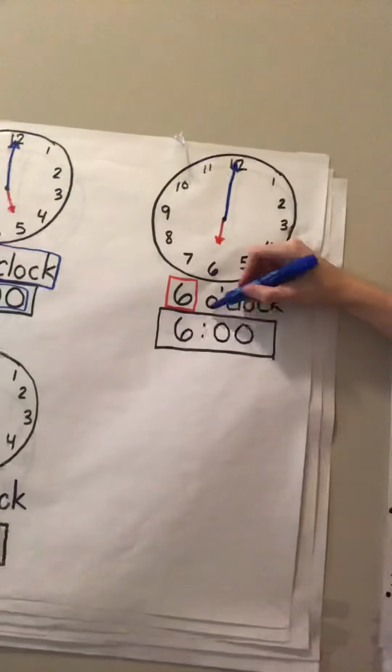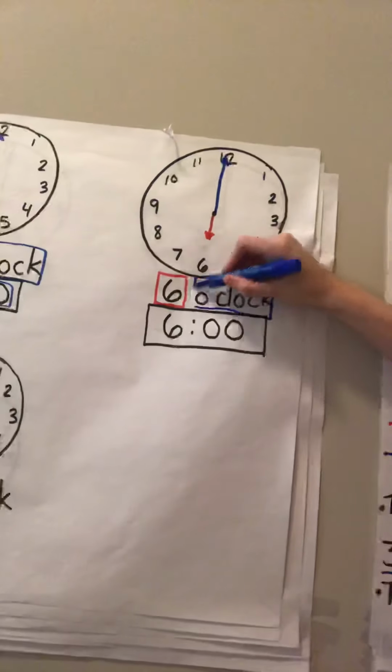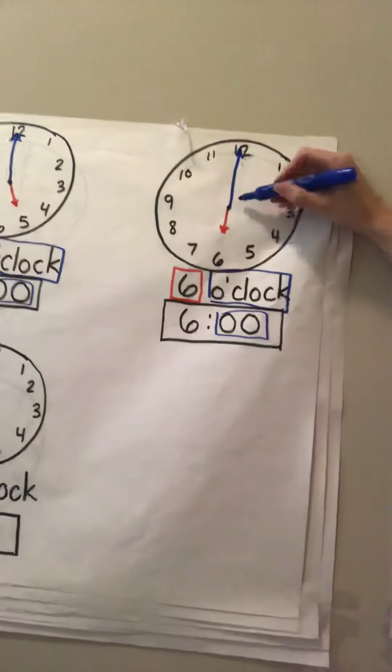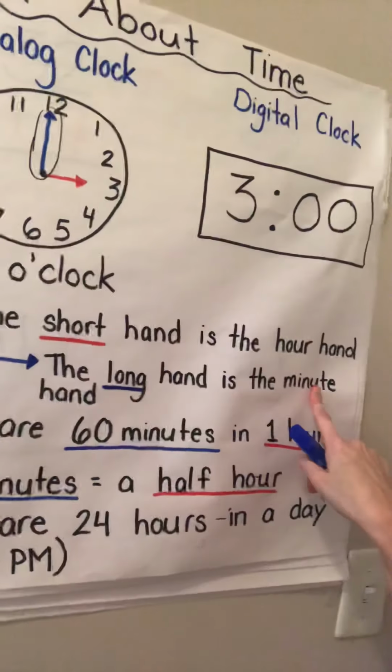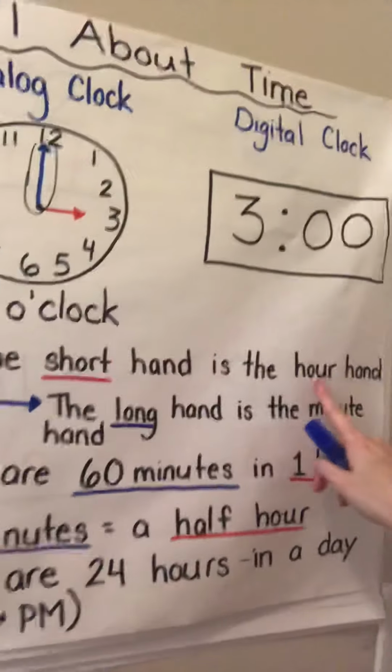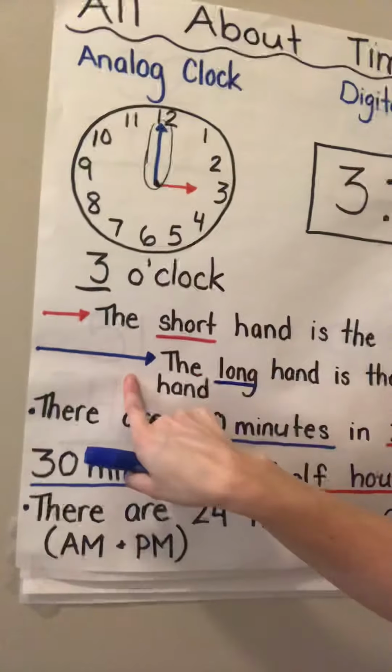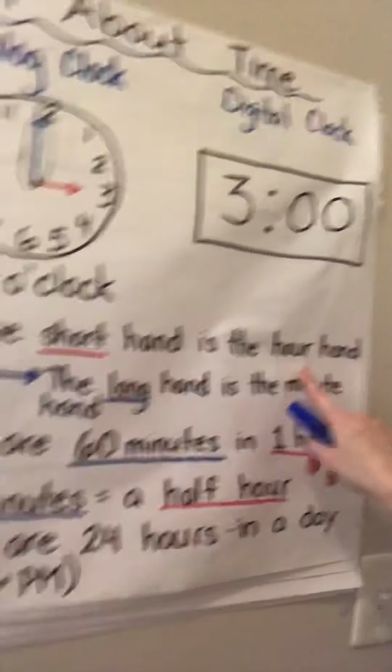So again, notice how for my minutes, my o'clock or the 00, my minute hand is longer. So think about how the word minute is long, but the word hour is short. So the long word minute goes with our long hand. The short word hour goes with our short hand to help you out.